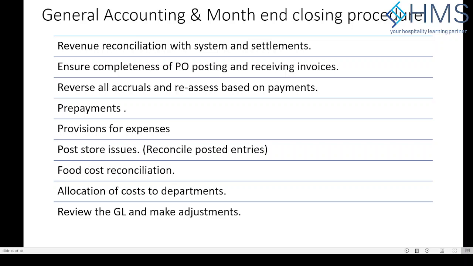If the reason is not justified, meaning you find an error, then you just have to fix that error. So that's why the last step is to review the general ledger and make adjustments if there are any posting mistakes. There are usually posting mistakes that you find after doing everything, so you have to fix them up. So that's the general process of month end closing.